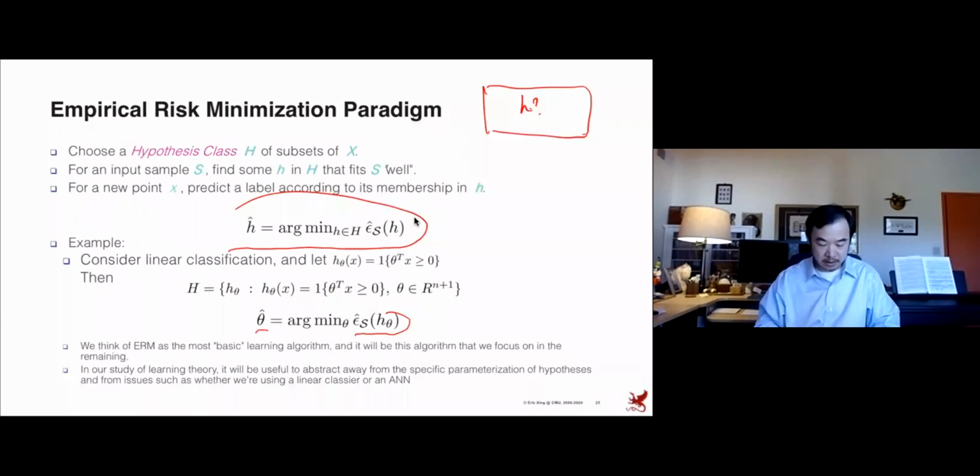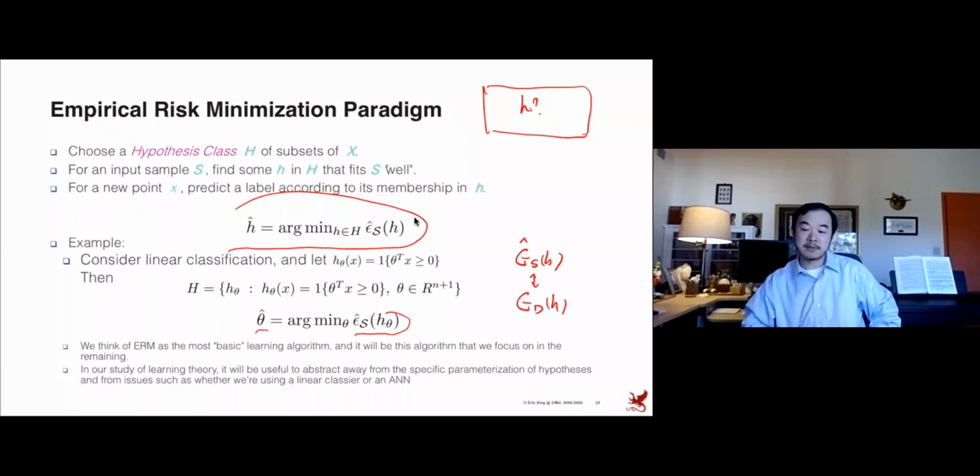So this is called ERM. ERM will get you an error which is this, but what you want is an error which is this. So how do these two connect? That's the task.